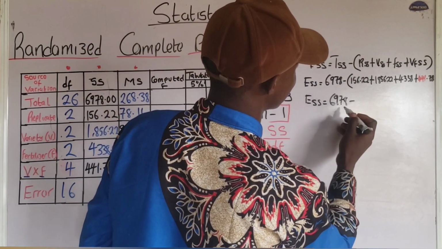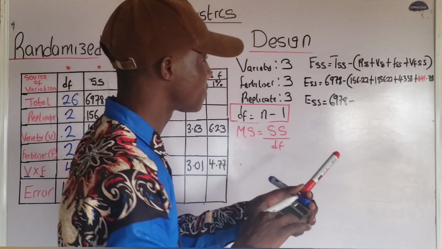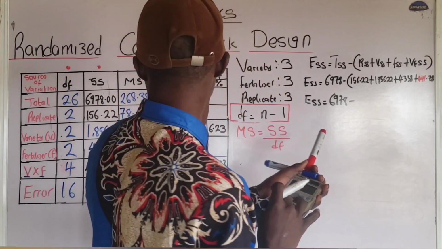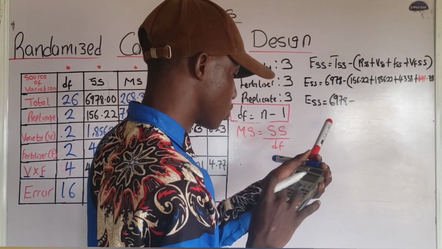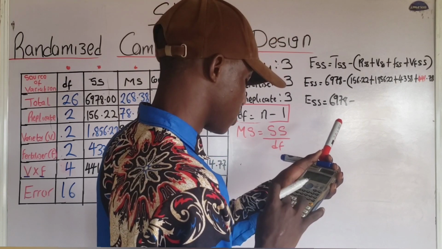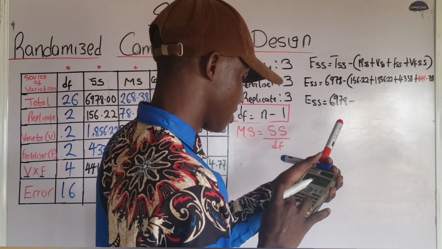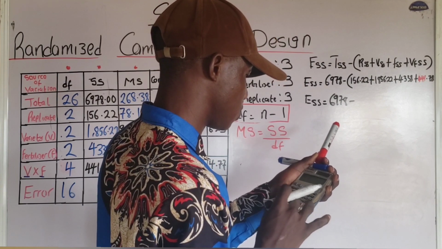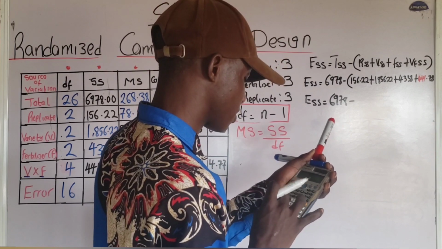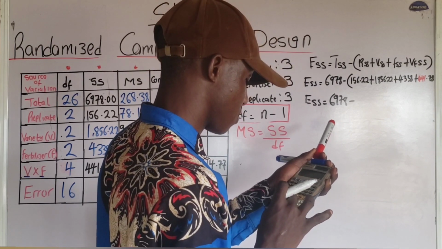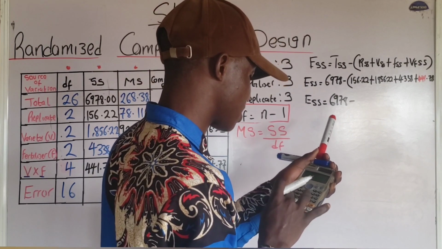So the error sum of squared is equal to 6,978 minus, okay, now let us sum all this together: 156.22 plus 1,856.22 plus 4,338 plus 441.78.